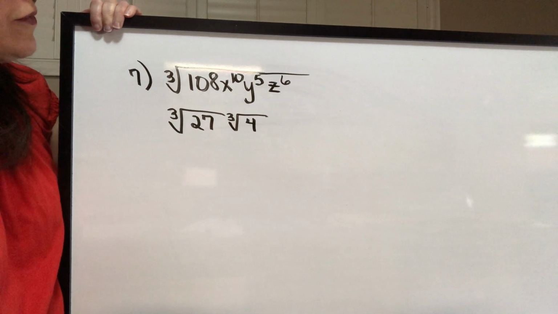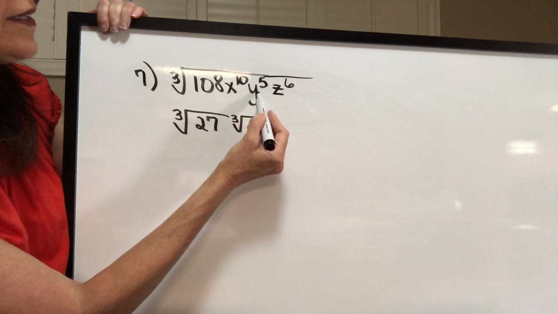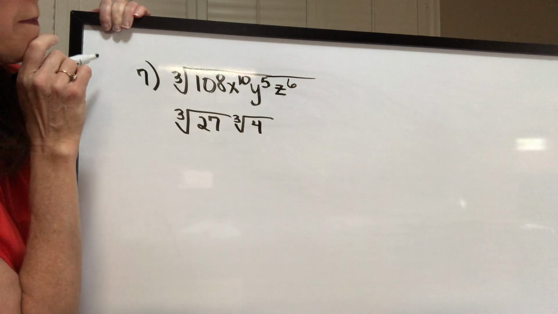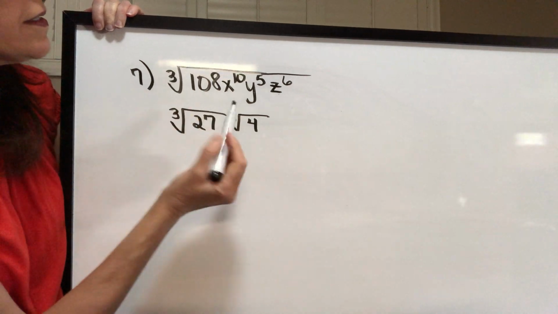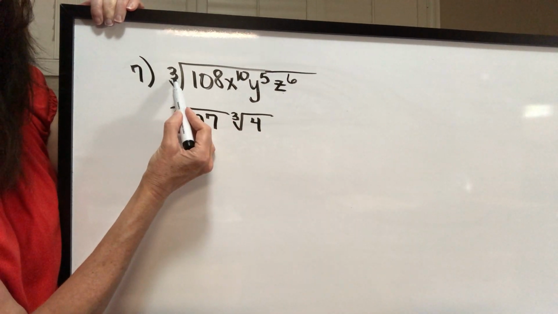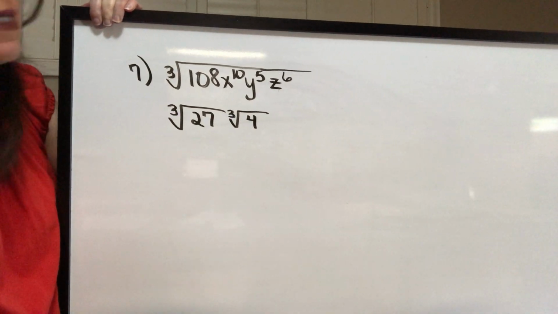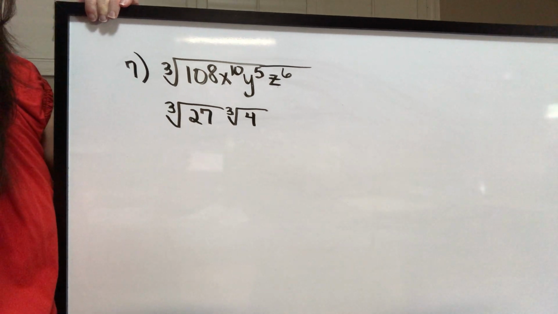Now you also have to deal with each of these variables: x to the 10th, y to the 5th, z to the 6th. So when we were doing the last lesson, I told you all to take the exponent and divide by the root, 3. But the problem is 10 does not divide by 3 evenly. So x to the 10th is not a perfect cube.